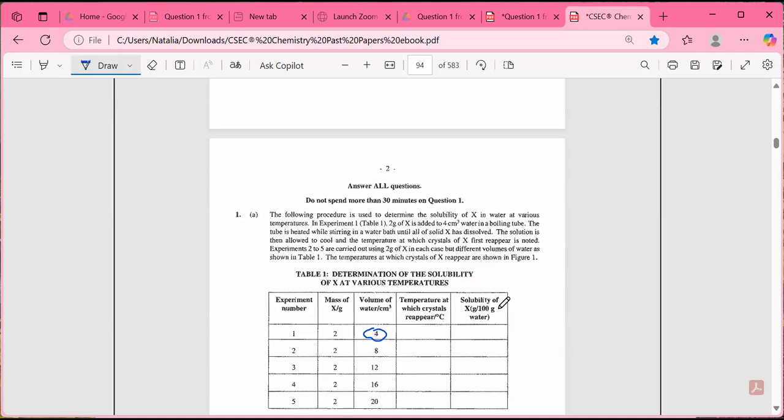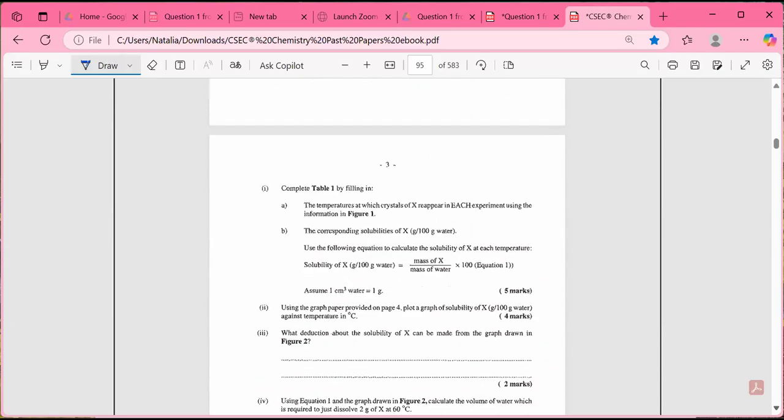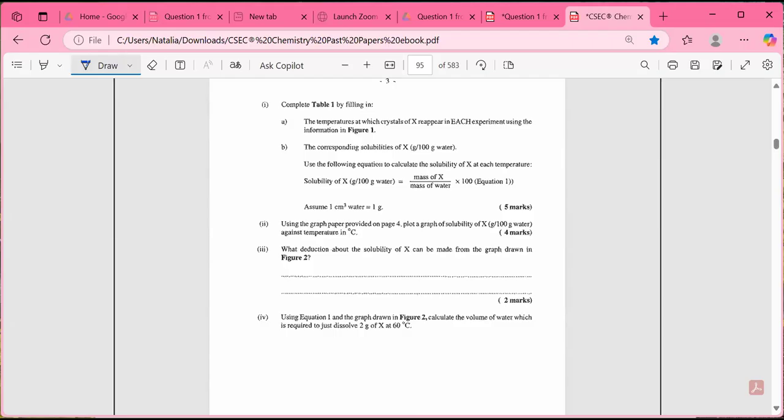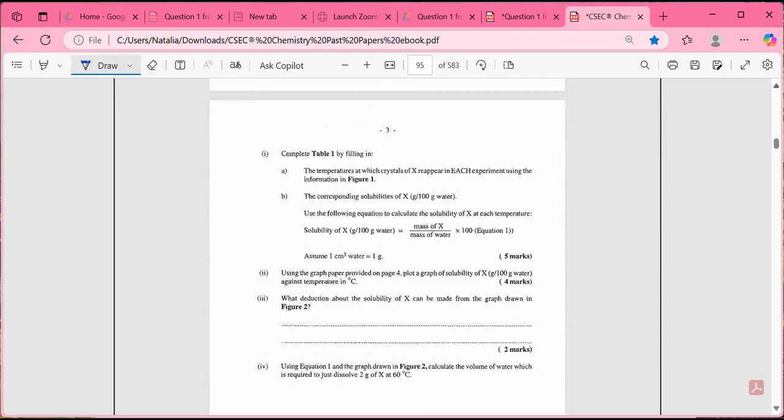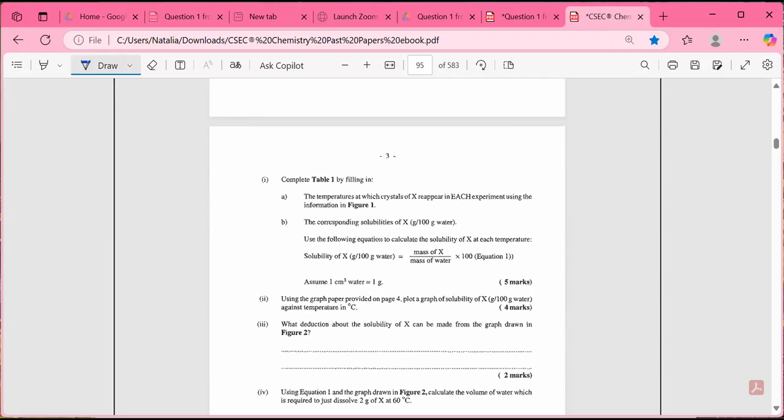Yes, miss. I think in this question they gave us a formula for the solubility. Yes, they did. But if they didn't give you a formula, you're supposed to know it. So this is the formula for solubility: the mass of solute divided by the mass of water, multiplied by 100.